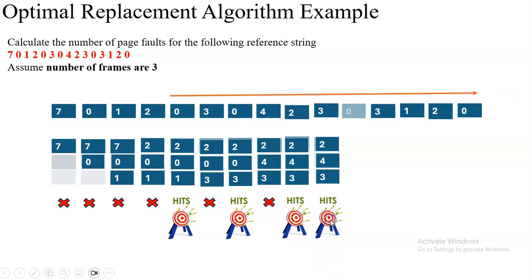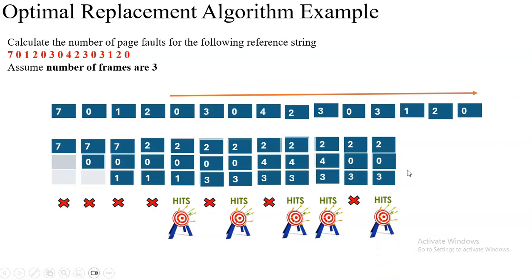Then comes 0. Again we have to compare the contents of the frames. It is 2, 4, 3. 3 is immediately after 0, then comes 2. So which one is not there in the reference string? 4. So we can definitely replace 4 by 0. Now the frames will be 2, 0, 3, so it is again a page fault. Then comes 3. Check the contents of the frames. It is there, that means it is a page hit.